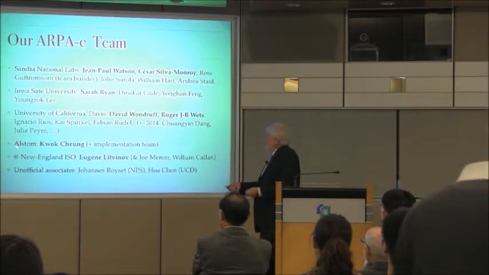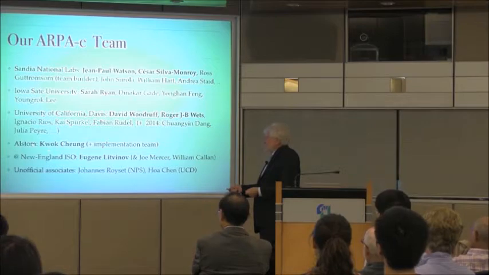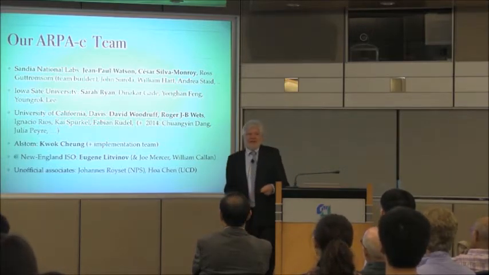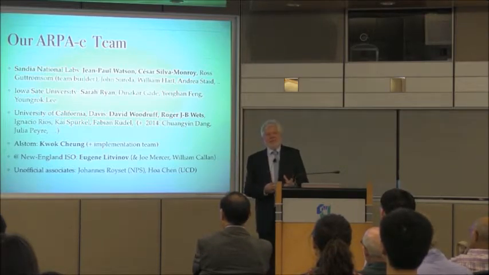And in addition to that, as part of the team, they put Alstom. Alstom is a software provider, and they provide about 90% of the software for ISOs all over the world.